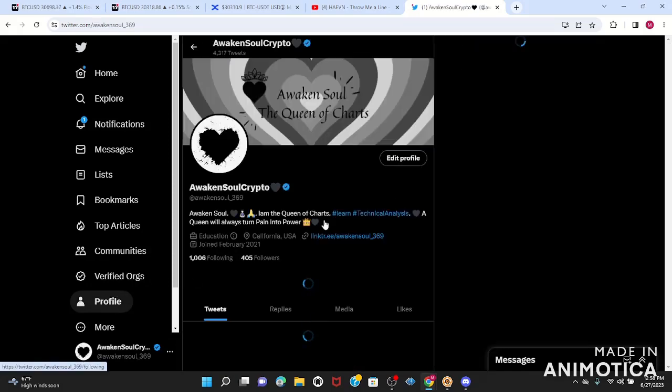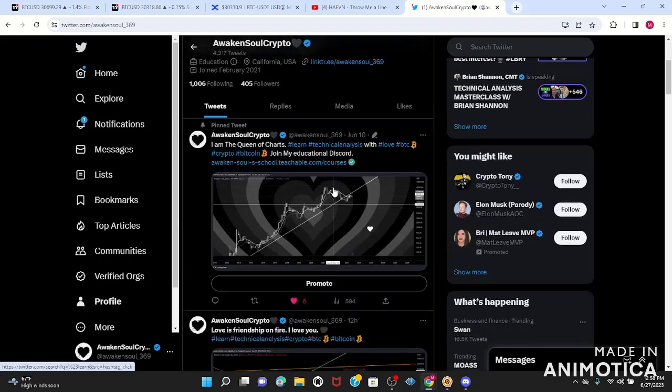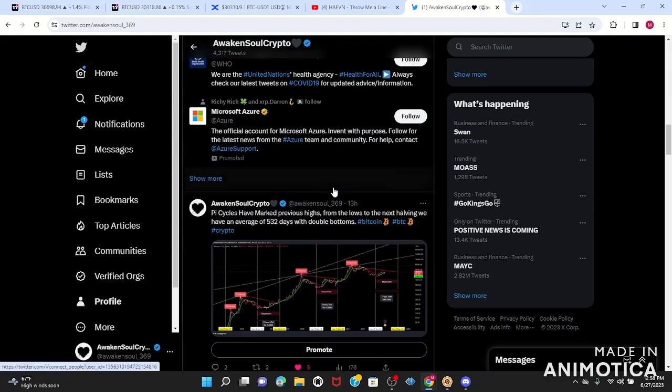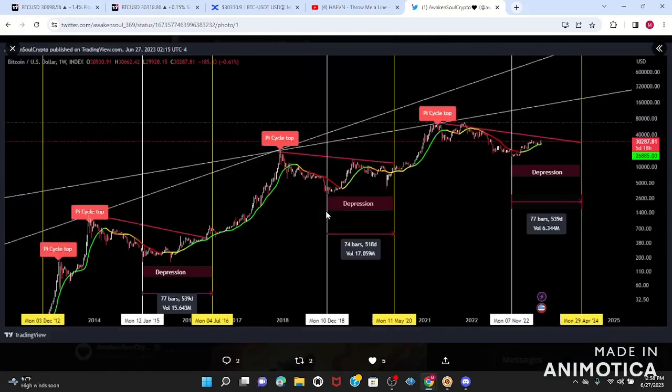Where is it? Here it is. A beautiful chart that I did yesterday. I'm going to repeat it right now, but the reason I turned on this indicator was to show you why it says this is the real top, not the second top.